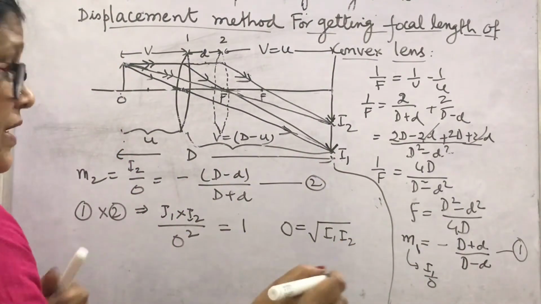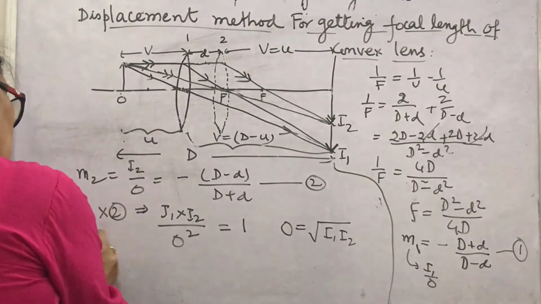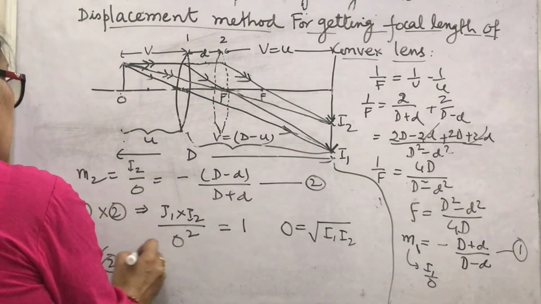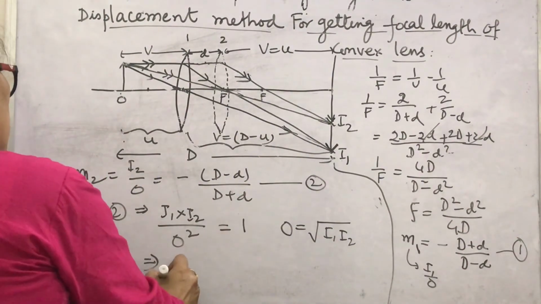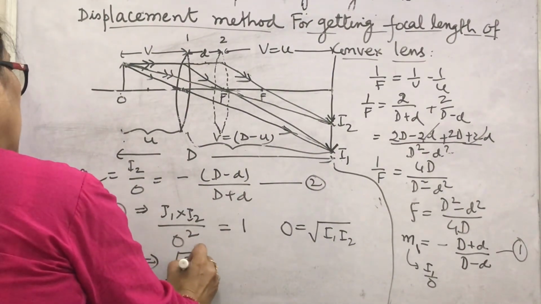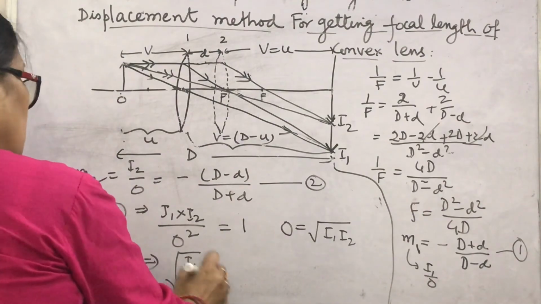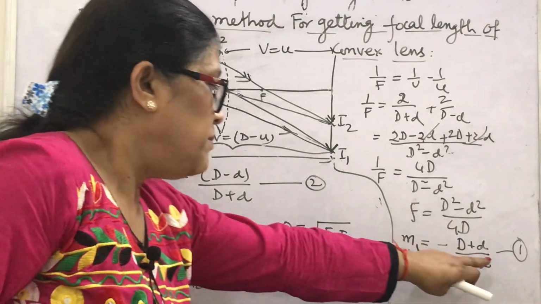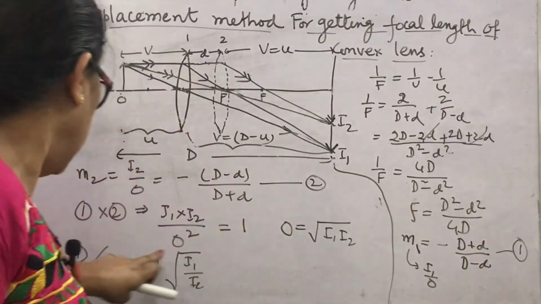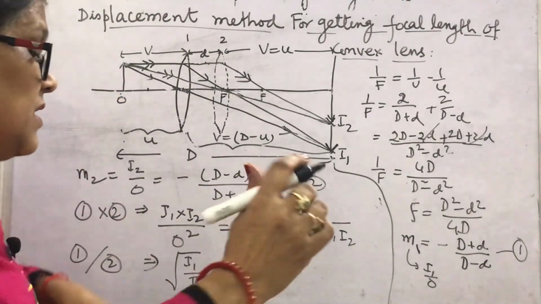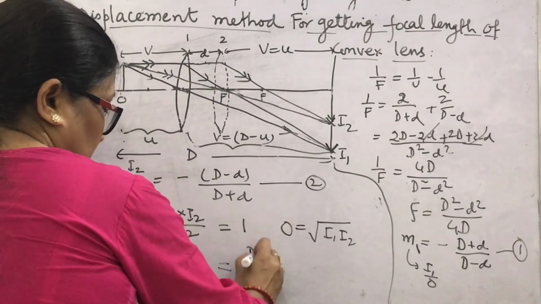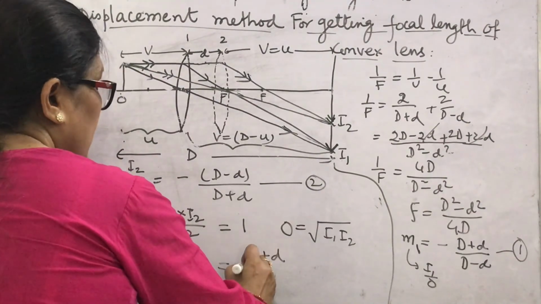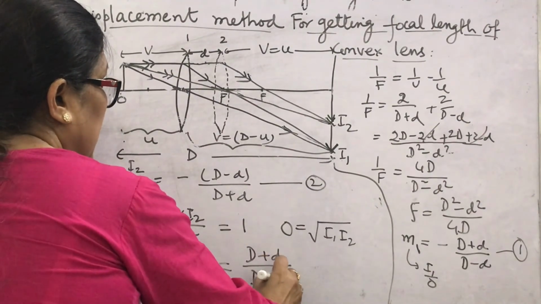And if you divide equation number 1 by 2, then what will you get? Under root I1 upon I2. Look here, this is division of equation number 1 written here and equation number 2 written here. Then you will get, it will be equal to D plus d upon D minus d.